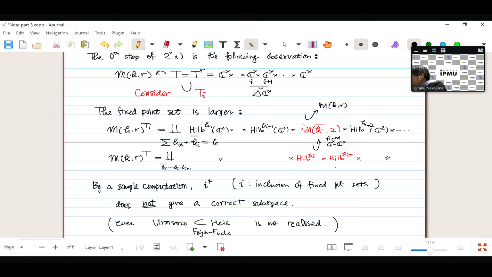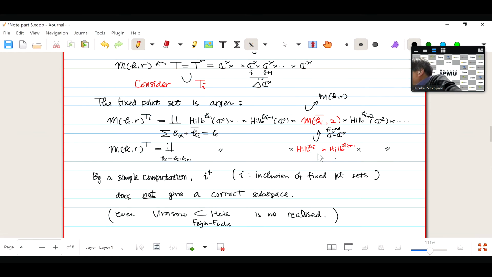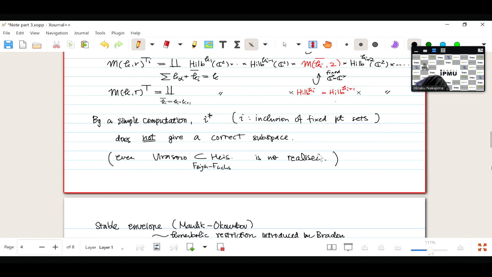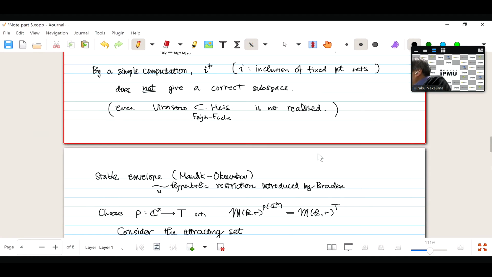So even in rank 2, if you just consider this red part and compute what the pullback is, you see that this doesn't correspond to the Feigin-Fuchs construction of the chiral algebra. So this is not correct. And in fact, this is the starting point of the relatively new development of this geometric representation theory.